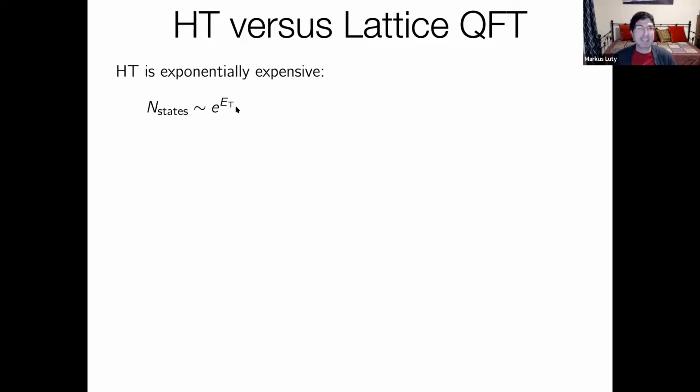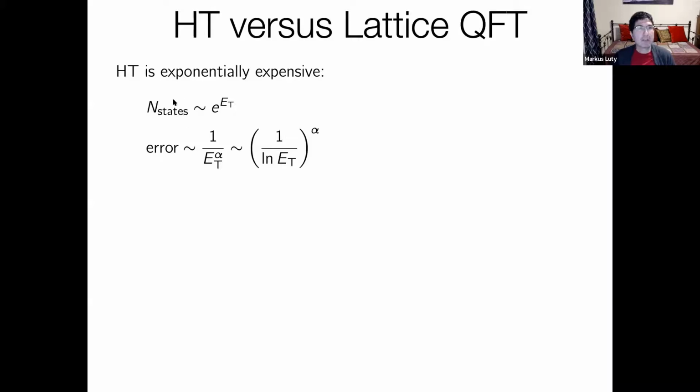On the other hand, if we truncate at some maximum energy E_T, we expect the error to go like 1 over some power of E_T. That's the best we can hope for. Putting these together, you only improve logarithmically in accuracy if you just keep increasing the high energy cutoff.